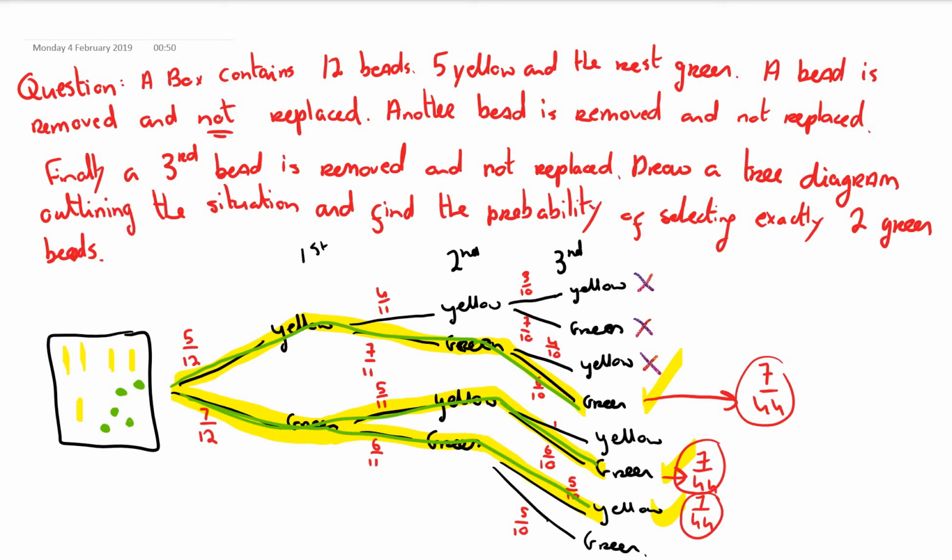So it's the OR rule. So 7 over 44, or 7 over 44, or 7 over 44. So that equals 21 over 44. So I have a 21 chance in 44 of getting exactly 2 green. Okay? And that's how my tree diagram would allow me to find that out.